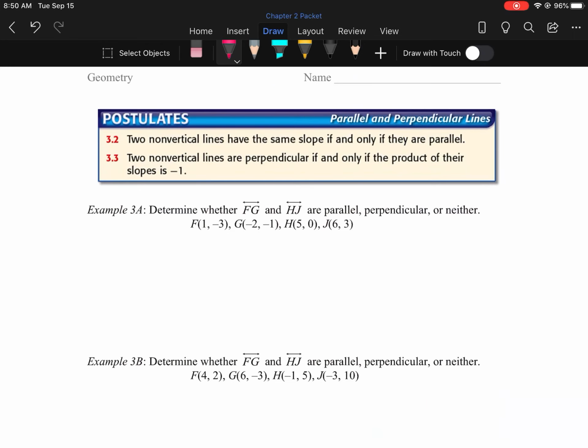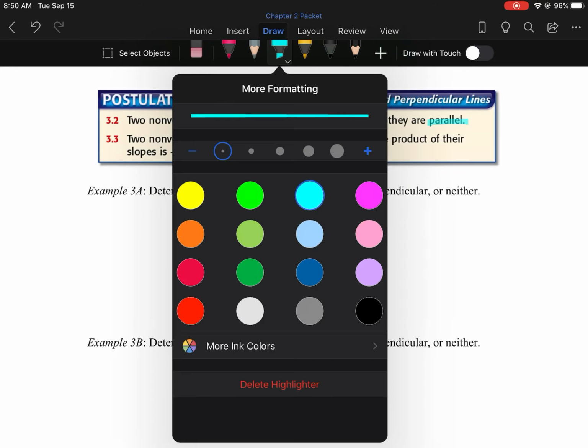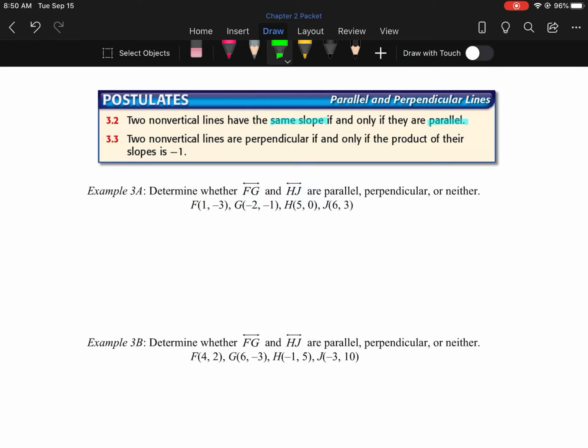All right, so now taking a look at parallel and perpendicular lines. So parallel lines have the same slope. Okay, parallel lines have the same slope. Perpendicular lines, it says, have a product of their slopes of -1.